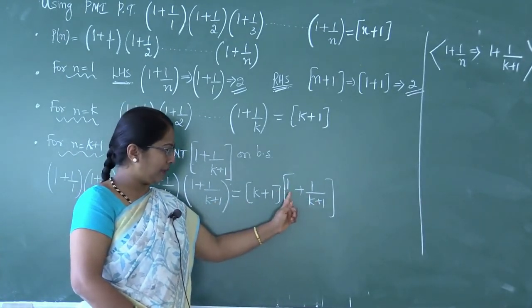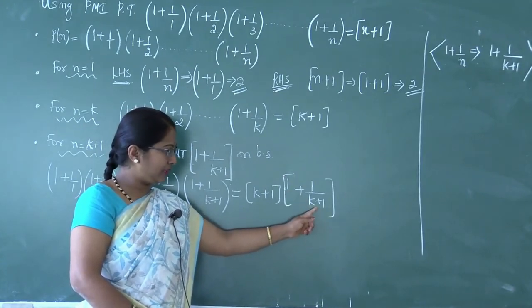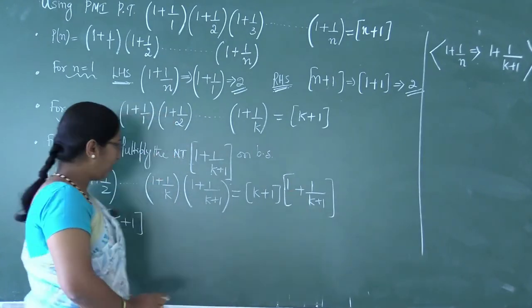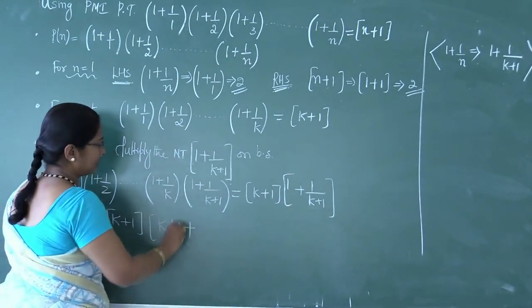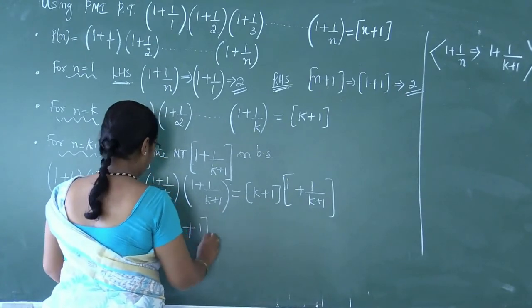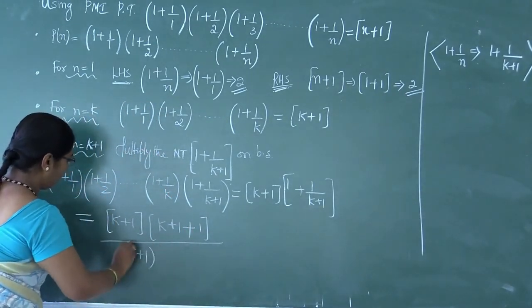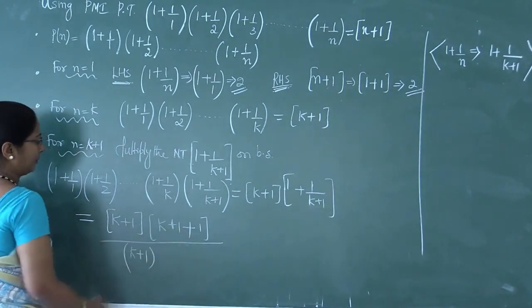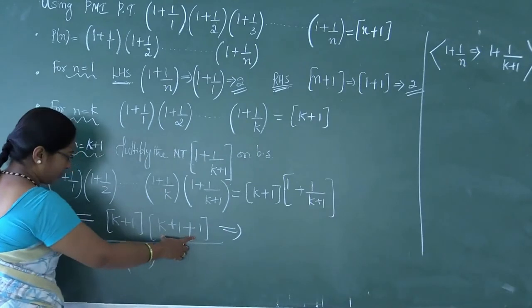When you cross multiply, k plus 1 will be the LCM. K plus 1 into 1 will be k plus 1 plus. What is left out? Plus 1. Whole thing divided by k plus 1. What does k plus 1 plus 1 give? Directly you can write k plus 2.